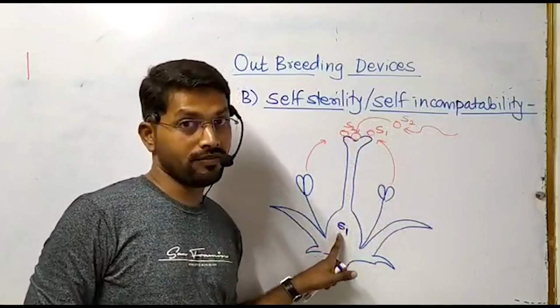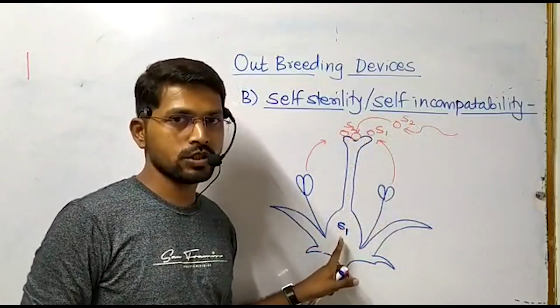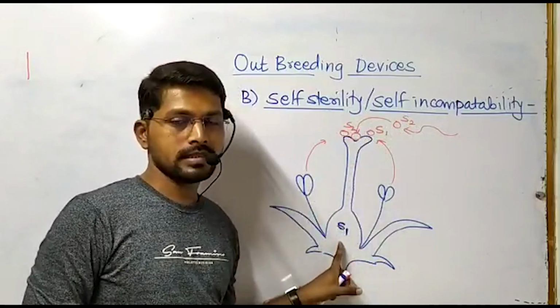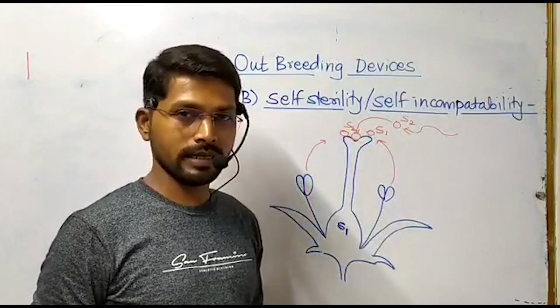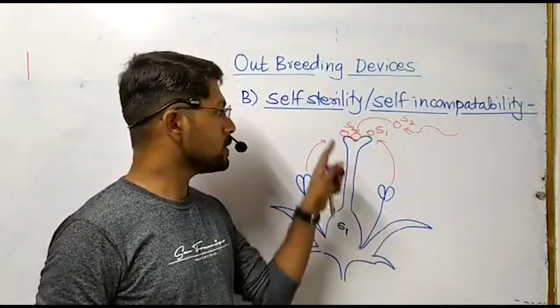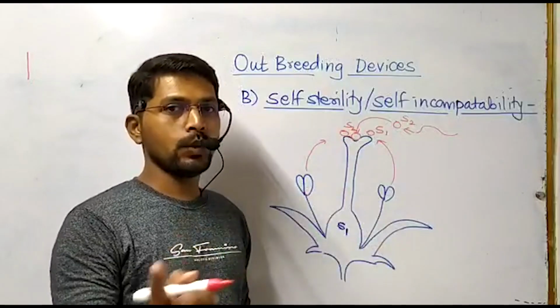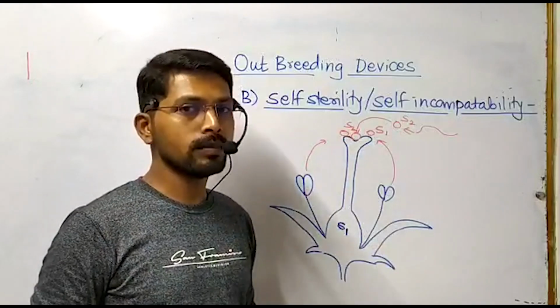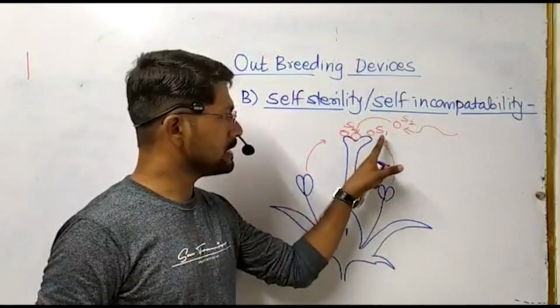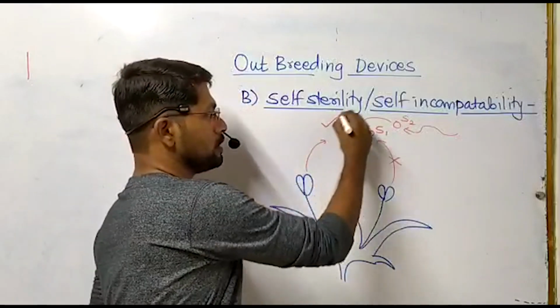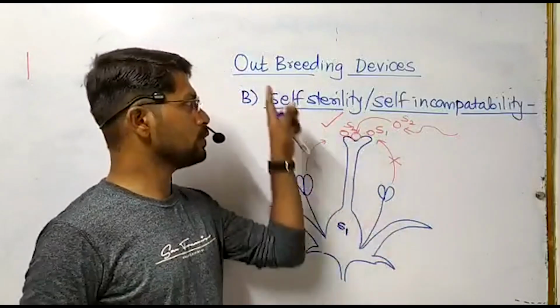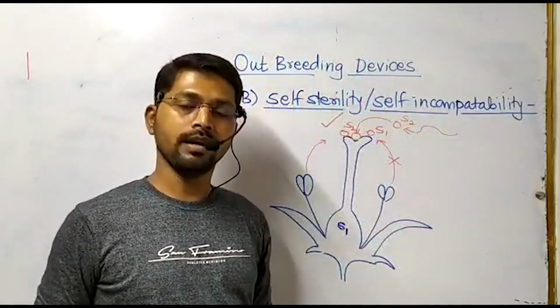It is quite different from the basic genotype of the carpel, which is S1, while the pollen belongs to S2 type of allele of gene S. So such pollen is accepted and allowed to germinate to form the pollen tube, and therefore self-pollination is avoided and cross-pollination is followed, and therefore it is also considered an outbreeding device.